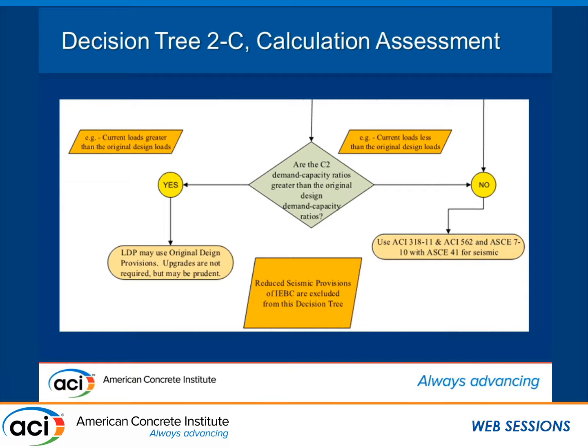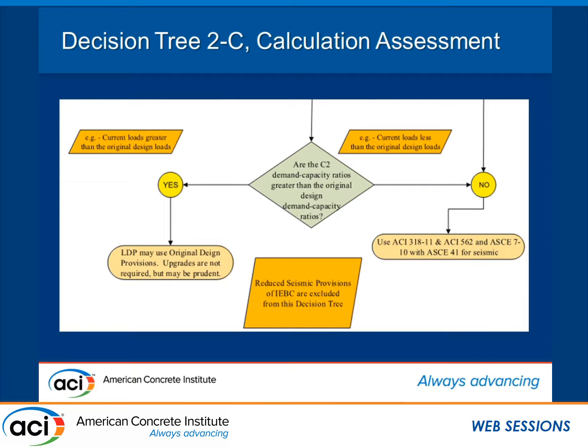Okay. And this comes from what an attorney that's working with me on a current lawsuit has told me. He's told me, one, 562 appends 318. And I know this is a term that makes a lot of people nervous. And the comment is, if you look in the IBC, 318 is referenced.